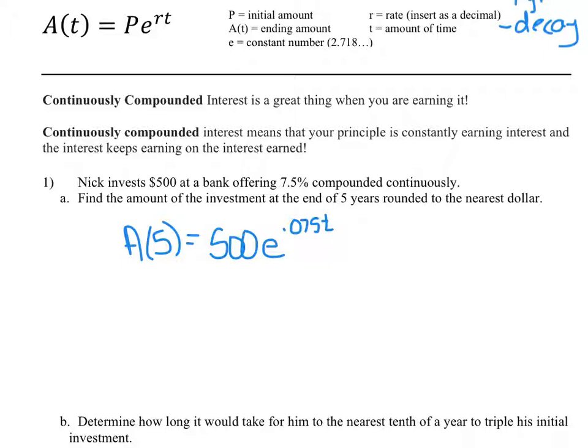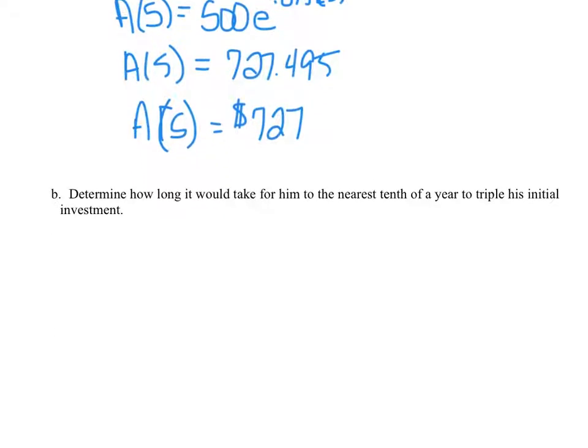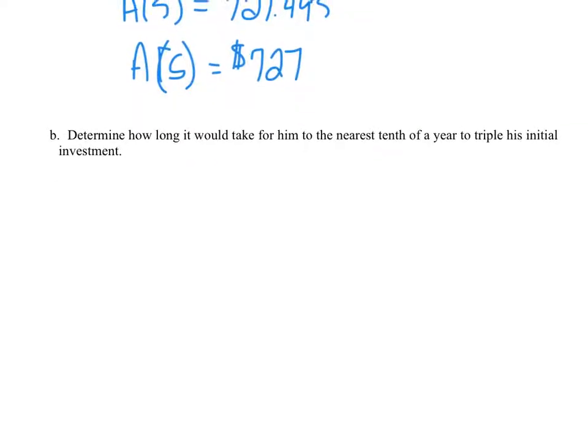Then we plug in t, which was 5, and determine our answer is equal to $727.495. They said to the nearest dollar, so that means A of 5 is equal to $727.